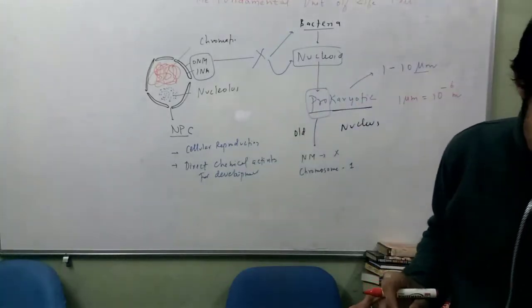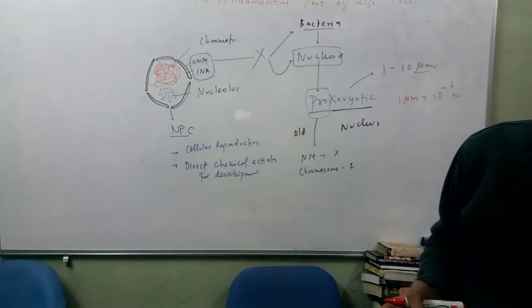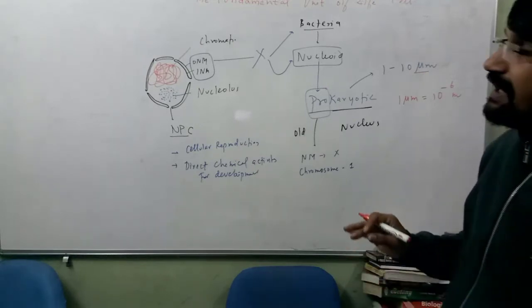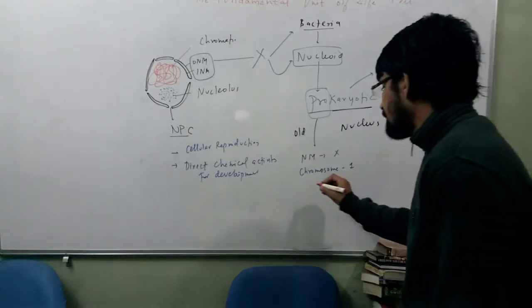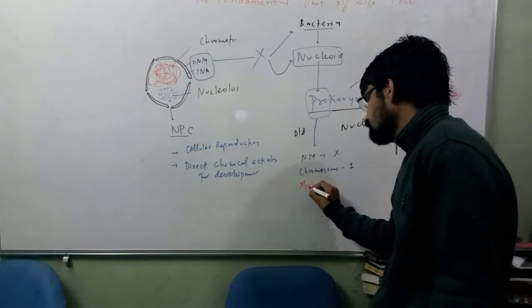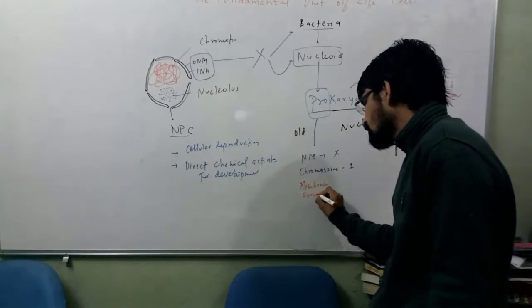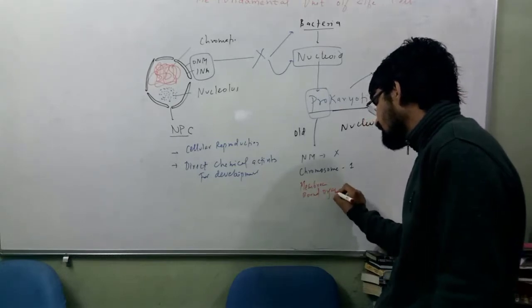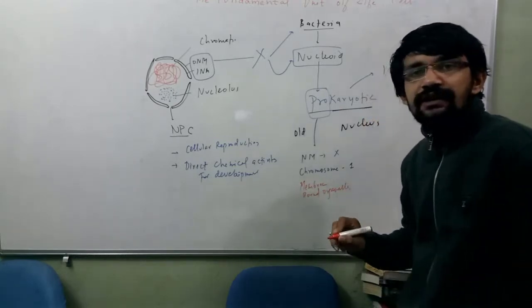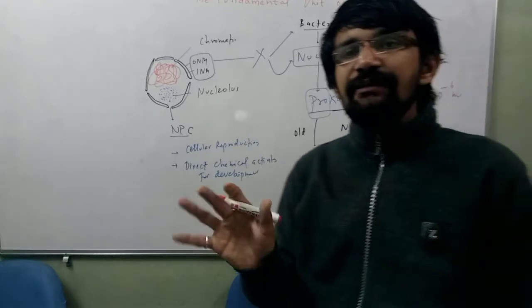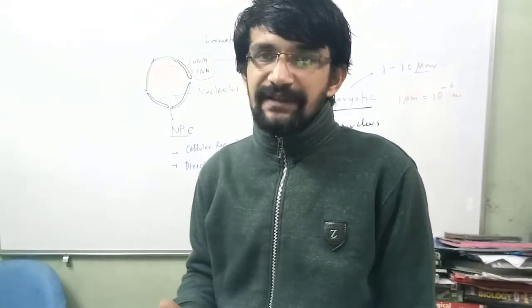Is that clear? Now the very important thing in this is that the membrane bound organelles are absent. That means they won't be having any membrane bound organelles present in them.